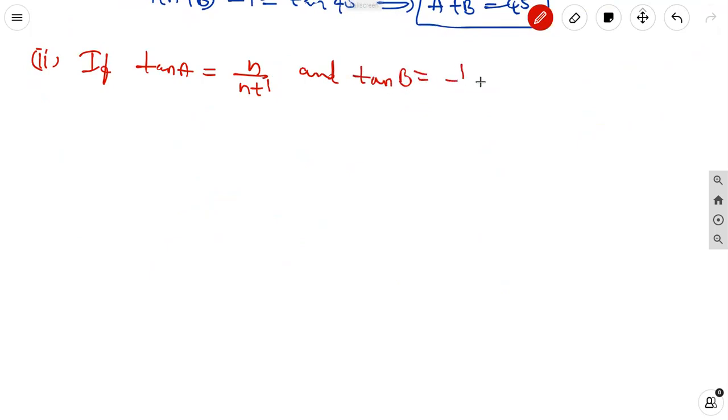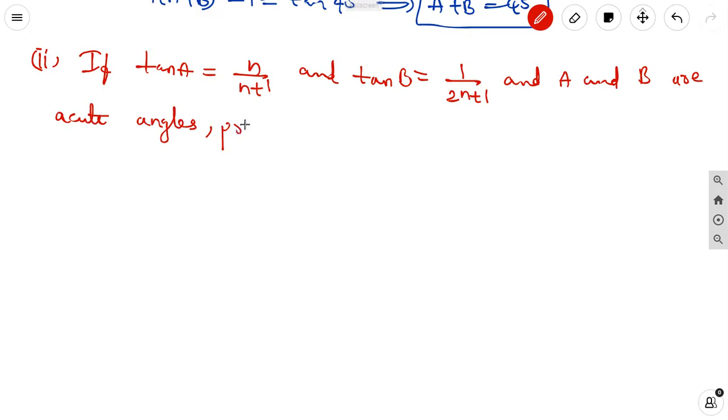Second one: if tan A is equal to n by n plus 1 and tan B equal to 1 by 2n plus 1, and A and B are acute angles, prove that A plus B equals 45 degrees.